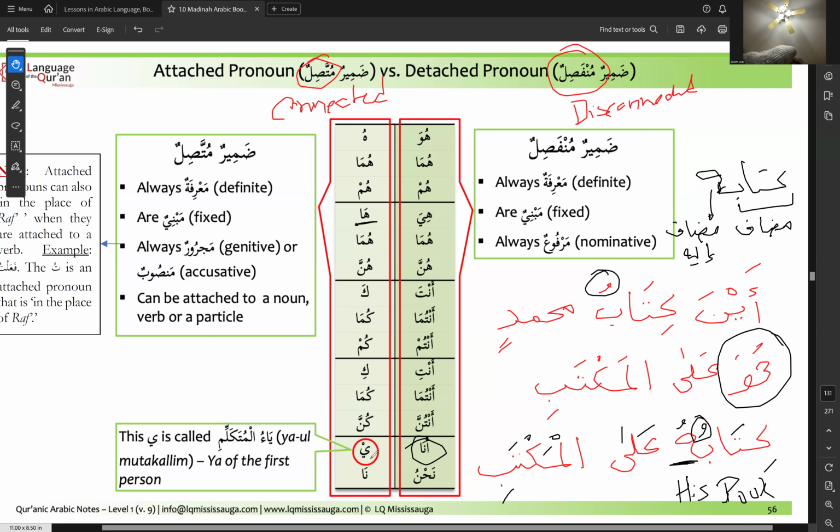My name is ismi Wajid. So ana turns into mine, or whatever in English is the proper way to say something that belongs to you. And lastly, nahnu turns into na. You would say kitabuna. Make sense? Can I erase this? Yes? Okay.